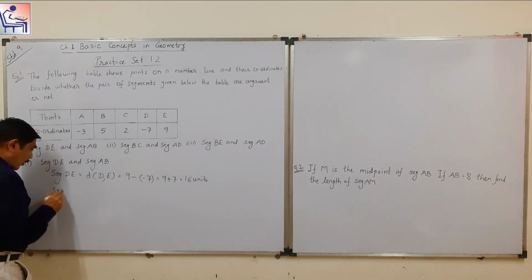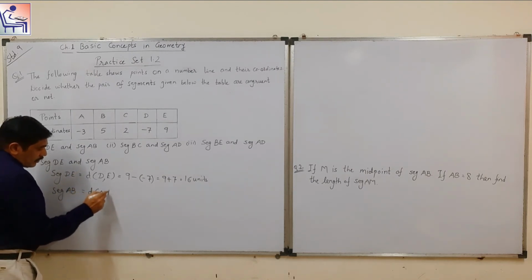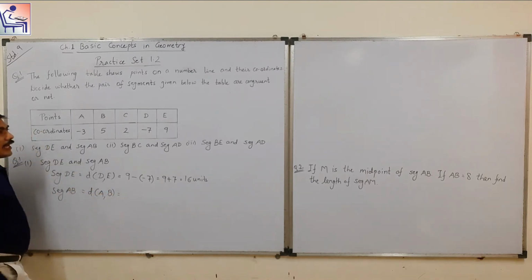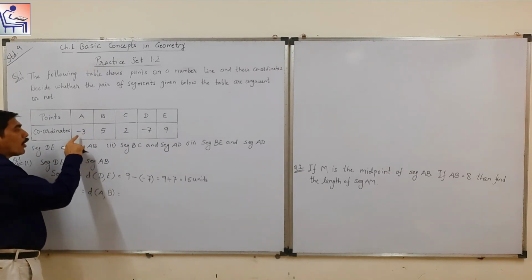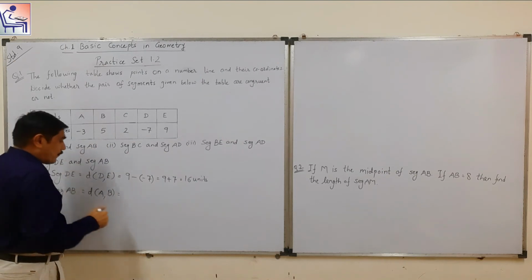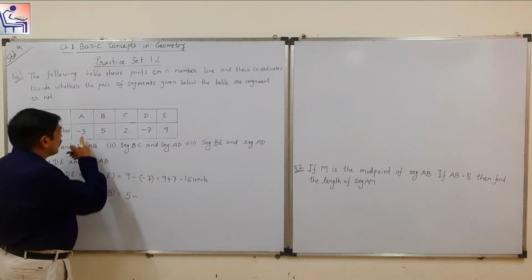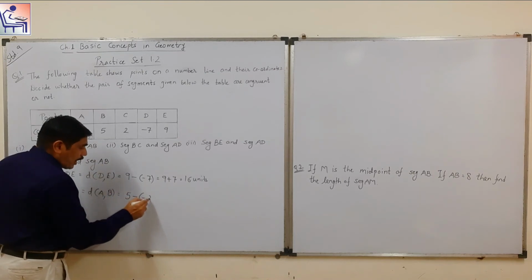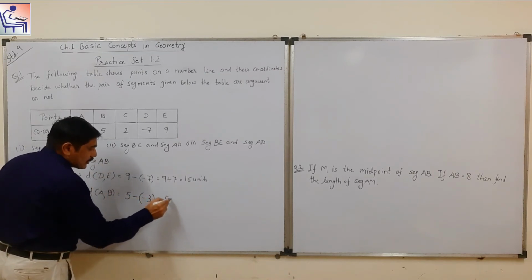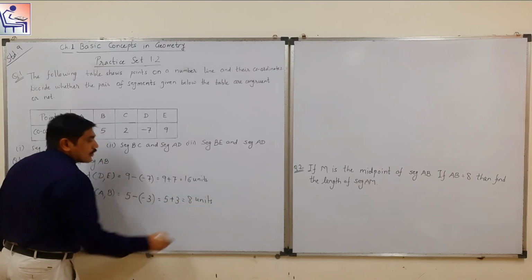Now we will check for segment AB, that is distance AB. The coordinate of point A is -3 and the coordinate of point B is 5. All positive numbers are greater than all negative numbers, so 5 minus -3 is equal to 5 plus 3, which is equal to 8 units.